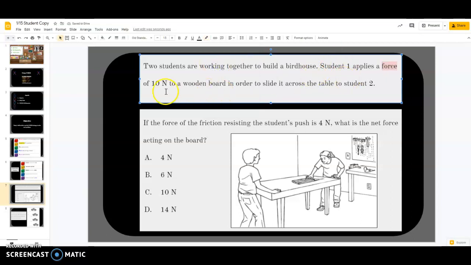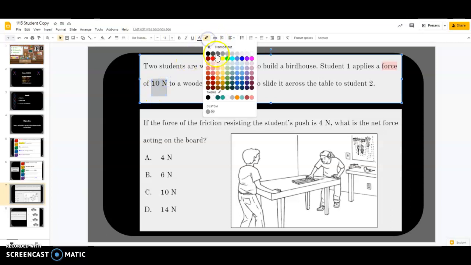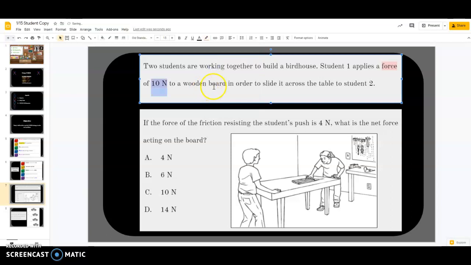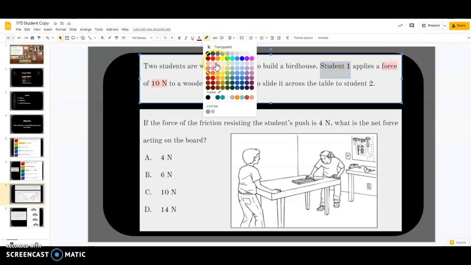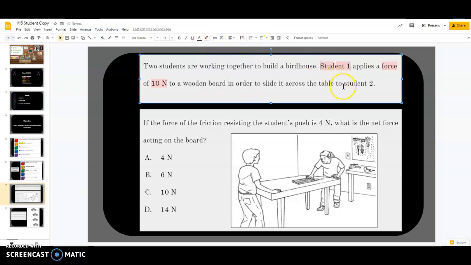So student 1 applies a force of, a number, 10 newtons, to a wooden board in order to slide it across the table to student 2. Okay, so student 1, she's important because she's sliding, so I'm going to go back and highlight her, is sliding a force to student 2. Alright, now let's go on to the next section.